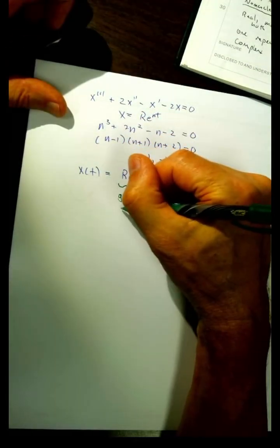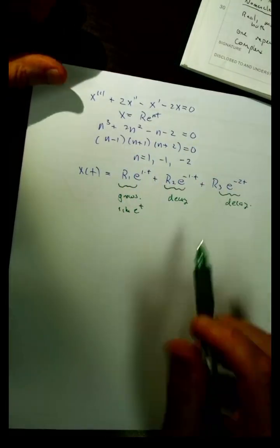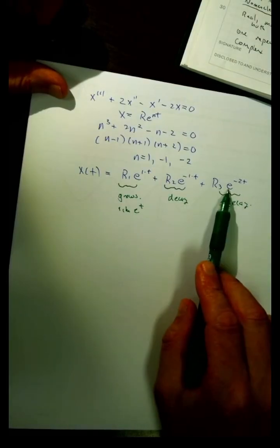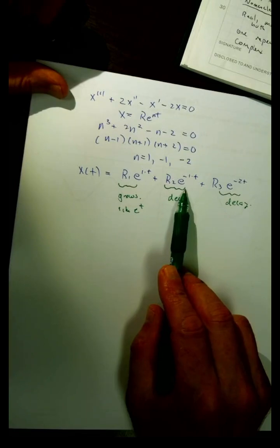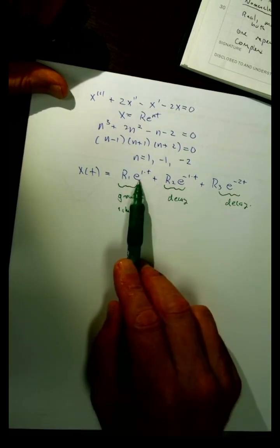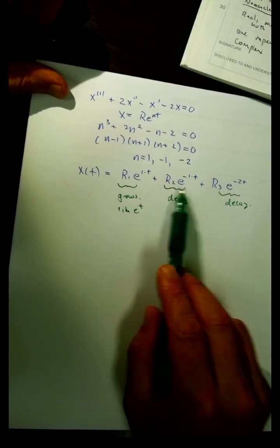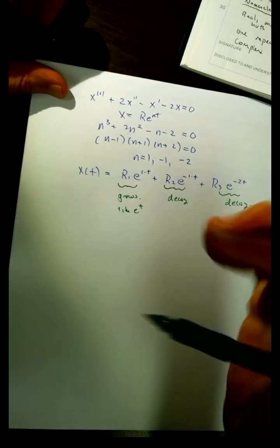That thing grows like e to the t. So if I'm adding this to this, this thing goes to 0 very fast. This thing goes to 0 more slowly, but this thing grows. So after a short amount of time, you're basically adding this to 0. This is the thing that grows or matters the most.